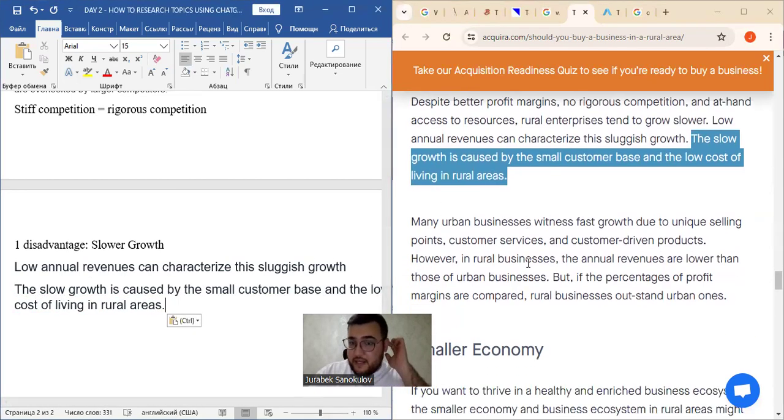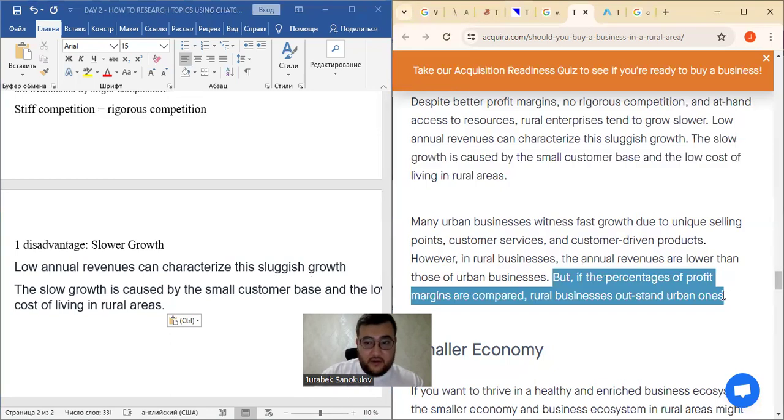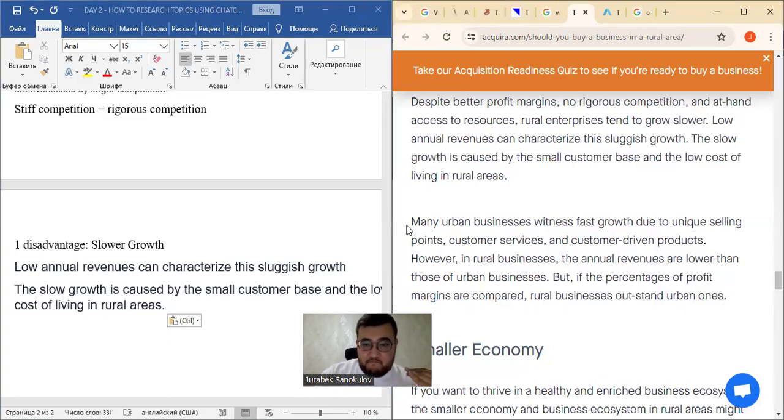So many urban businesses witness fast growth due to unique selling points, customer services, and customer-driven products. However, in rural businesses, the annual revenues are lower than those in urban businesses. But if the percentages of profit margins are compared, rural businesses outstand urban ones. So still, it's a good thing.